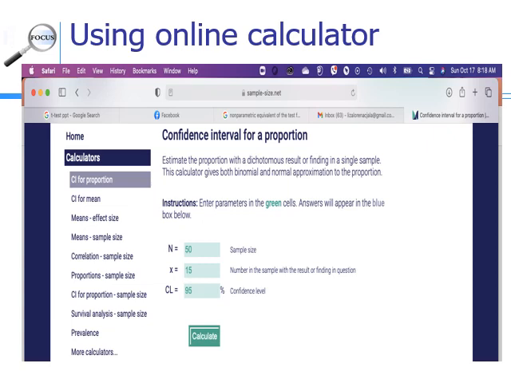and you are presented with different options, and it's up to you to choose which one makes you comfortable. So in this case, I just plug in the sample size, which is 50, and 15 out of the 50, those are the greens. And the confidence interval is 95.